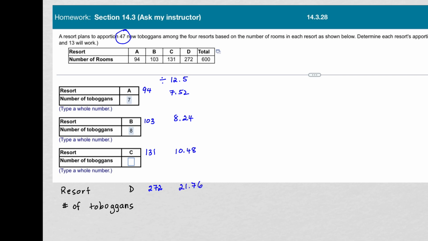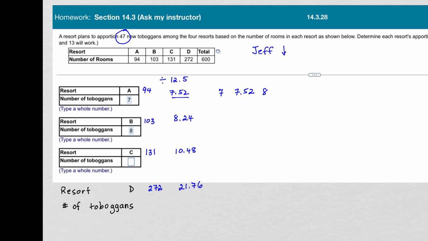Okay. Because we're using Jefferson's method, it says to always go down to the previous whole number. So when we have 7.52 here, I have 2 choices for what the final quota should be. So my choices are 7, we have 7.52, and then 8.